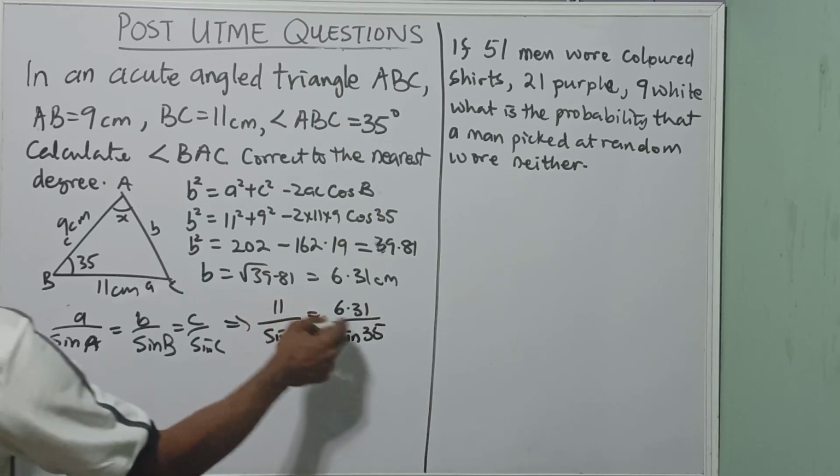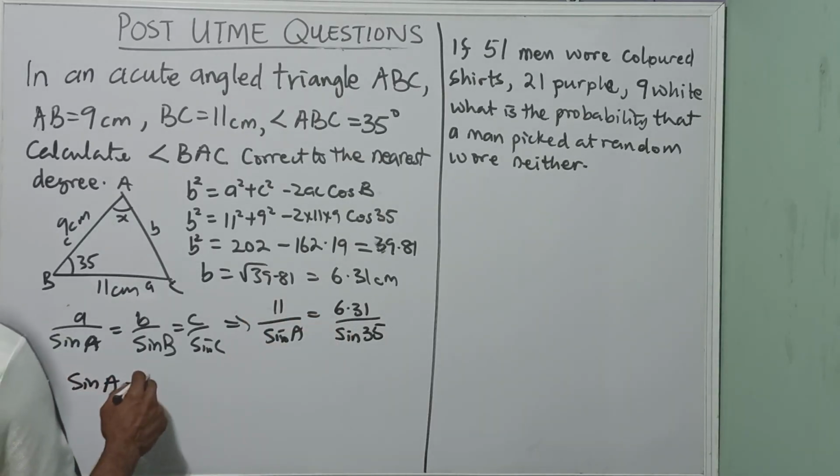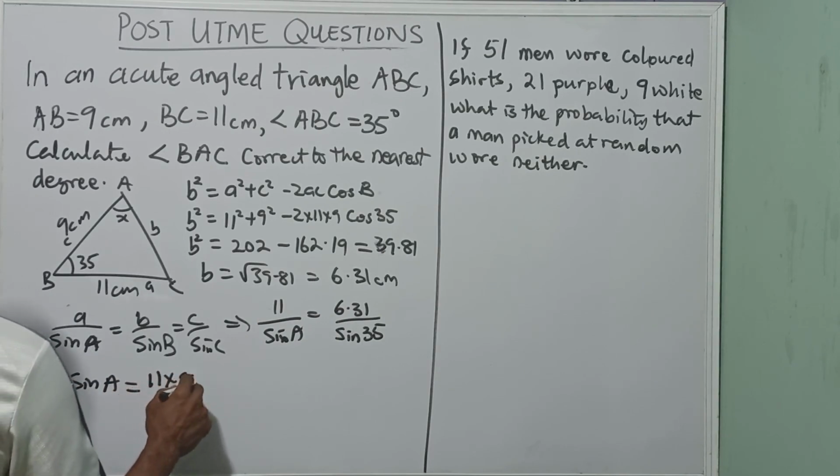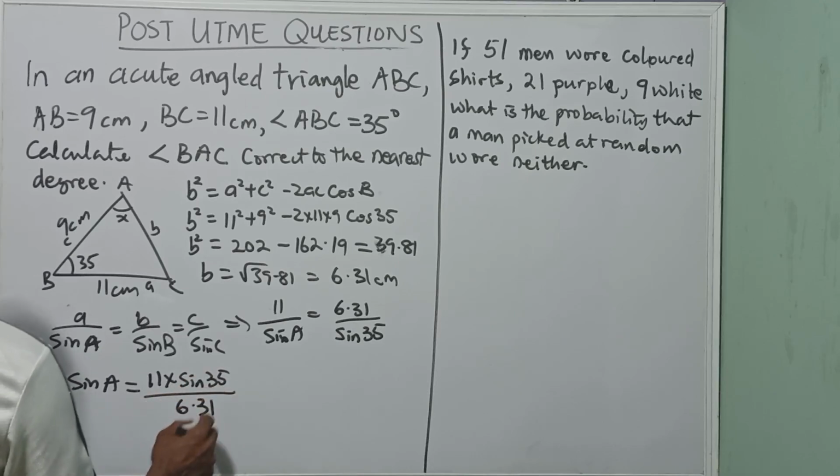Now cross multiply, we would have sine A equals 11 times sine 35 all over 6.31.